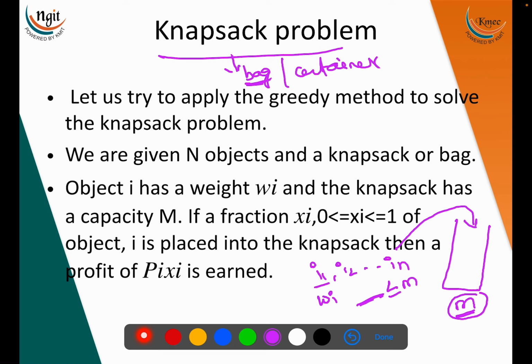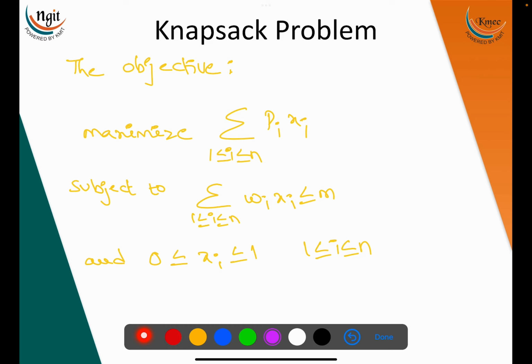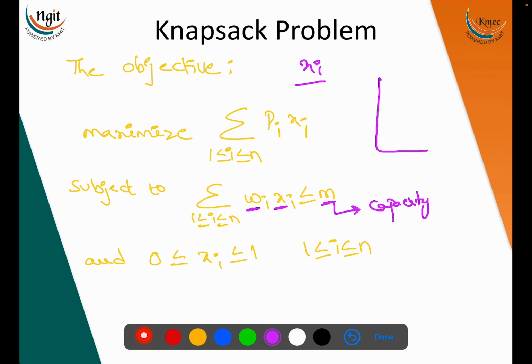If xi are my objects, the total weight of these objects should be less than or equal to m, where m is the capacity of the knapsack, i lies between 1 to n, and n is the total number of inputs. Your bag should not go beyond the capacity. So this is the constraint.